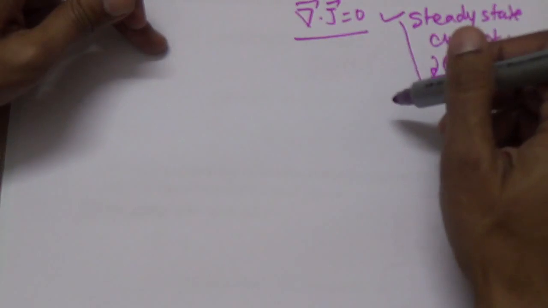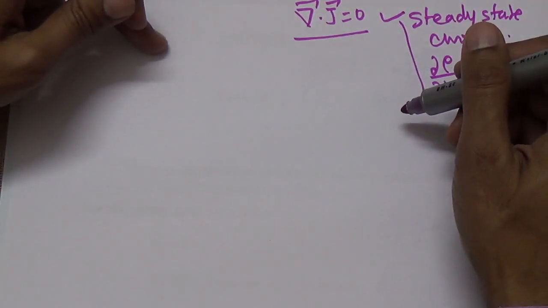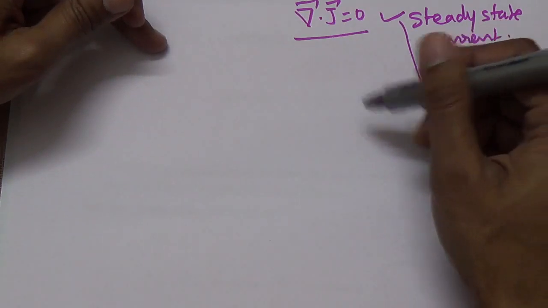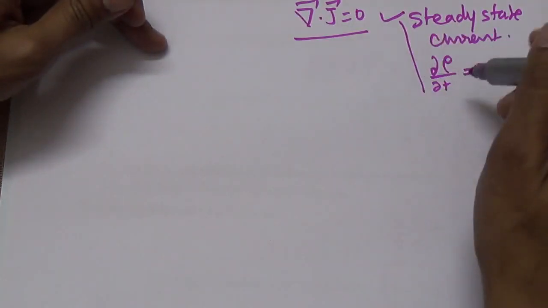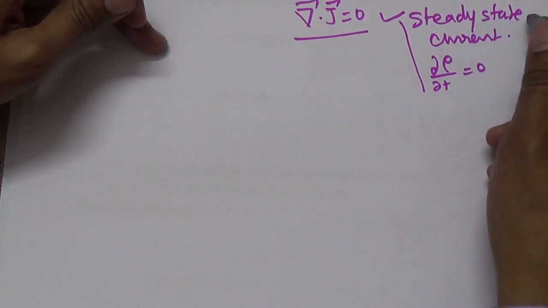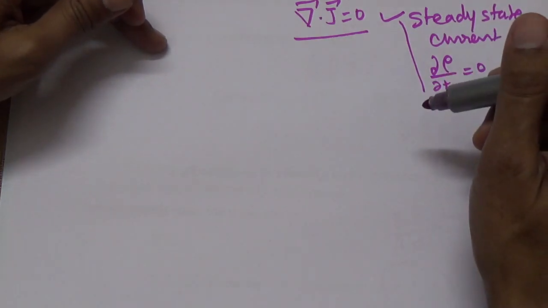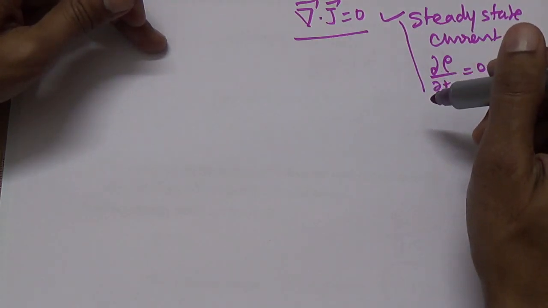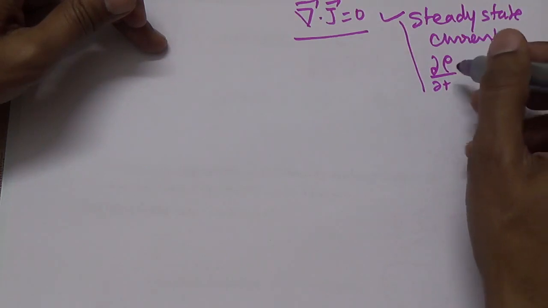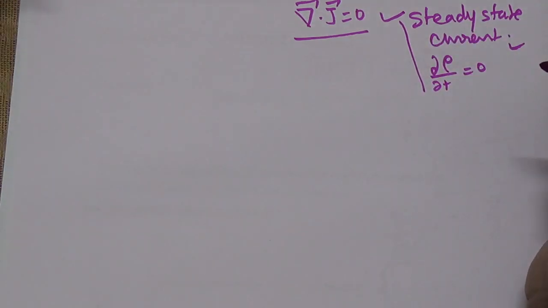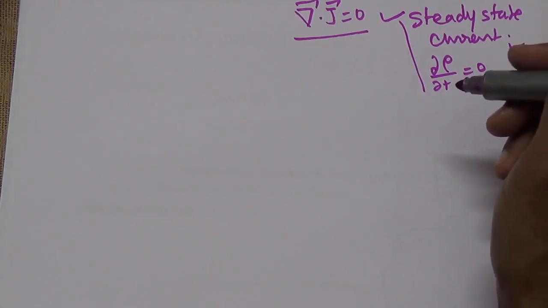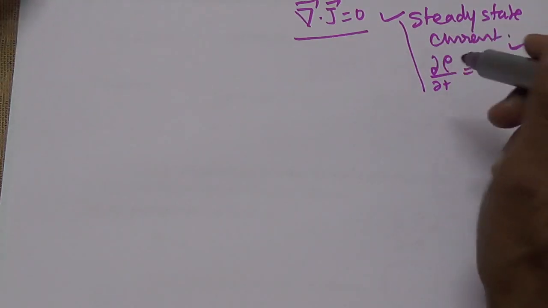So with uniform flow, the amount of current which enters from one end is equal to the amount of current from the second end. So that is charge conservation, uniform flow of current in the conductor in case of steady state current. But what about the result when alternating current is flowing? At that time d rho upon dt is not equal to 0, but the continuity equation indicates charge conservation in that case also.